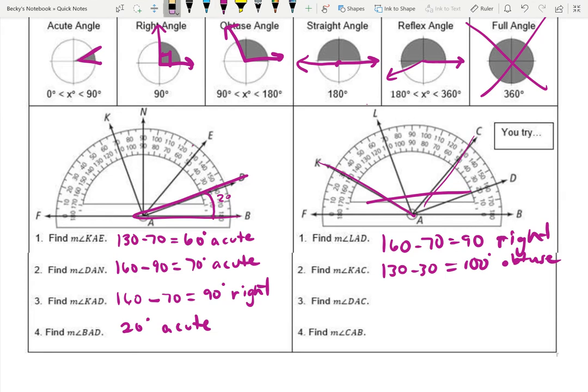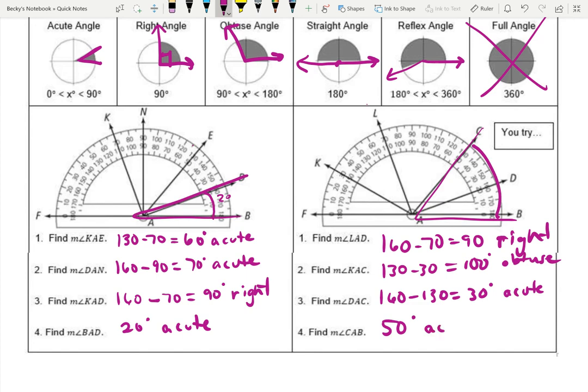Next one is DAC. So 160 minus 130 is 30, and this is acute. Let's do the last one. CAB. Okay, so I'm starting at 0 and I'm going up to 50. So this one is 50 and acute.